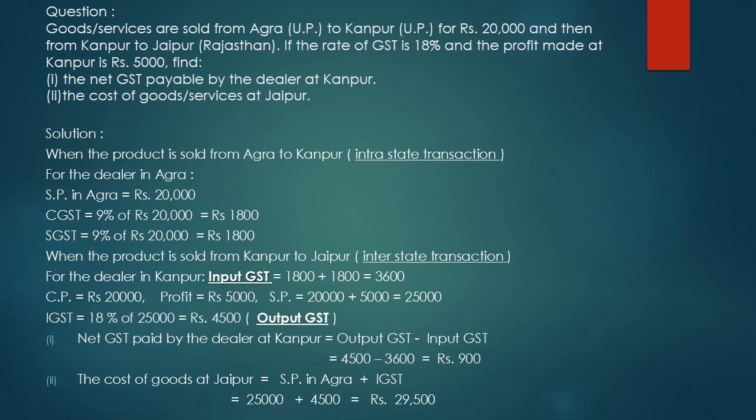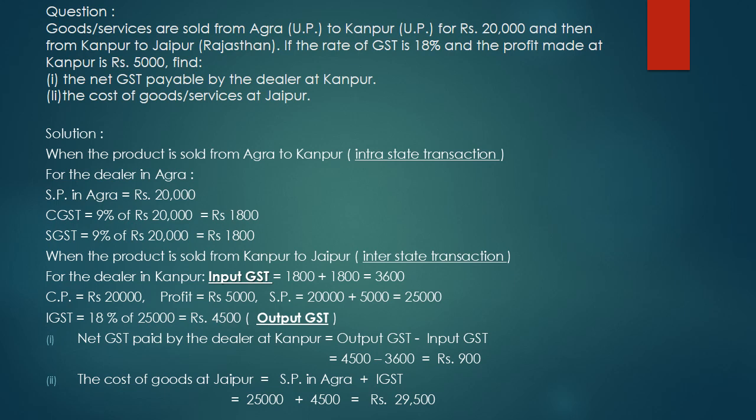Here is the next question. Goods or services are sold from Agra to Kanpur for rupees 20,000 and then from Kanpur to Jaipur.